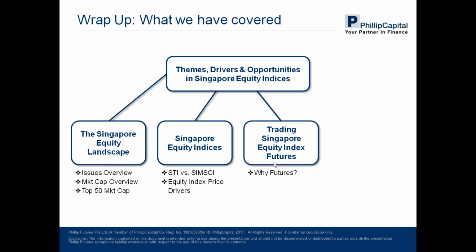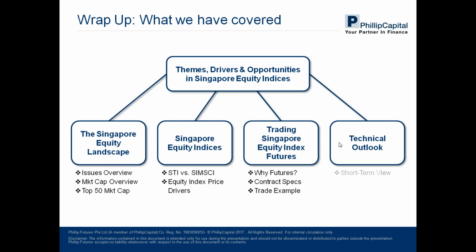Thirdly, we talked about futures contracts, their advantages and disadvantages, contract specifications for the SiMSCI futures, and also a trade example to show the effects of leverage using futures contracts. And lastly, I shared my short-term and mid-term technical outlook for the SiMSCI.